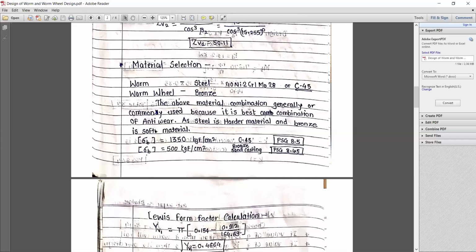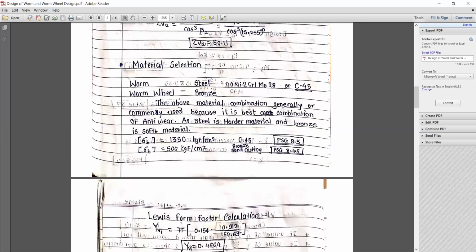So these are two different materials. Out of that, steel is a harder material and bronze is a much softer material. As we know, the softer material always fails earlier than the harder material. So the weaker element should be the worm wheel. We will check mathematically how this statement is true or false.